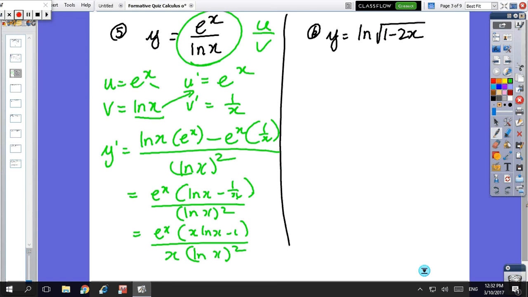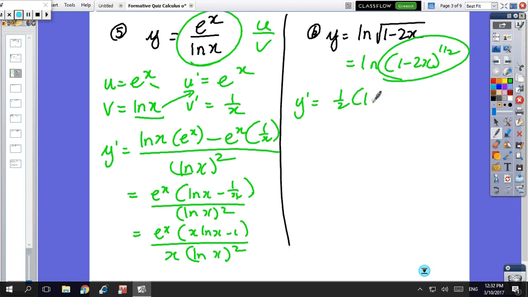Next question. So first thing you do is you've got to bring the square root out, and so y dash equals, so the derivative of the function is a half, 1 minus 2x to the minus a half multiplied by the derivative of the bracket, which is minus 2. Okay, so that's f dash x over f x minus 2x.